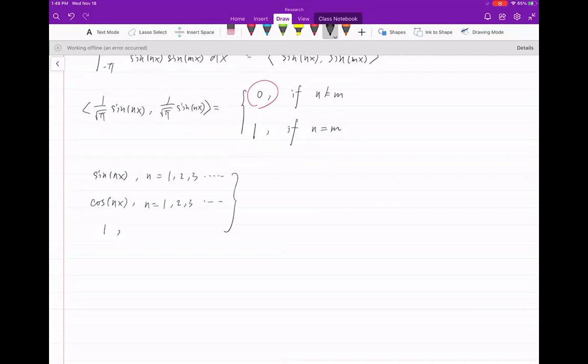They together form an orthogonal basis of all periodic functions defined on negative pi to pi.